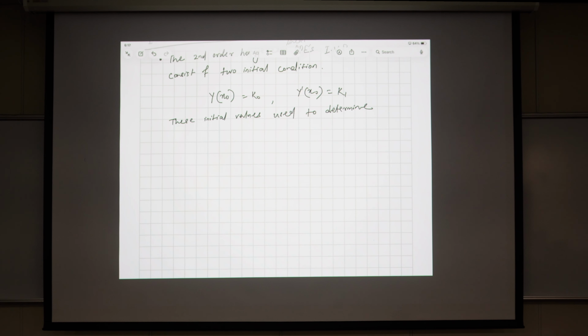To determine C1 and C2 in y is equal to C1 y1 plus C2 y2, if this is the solution.